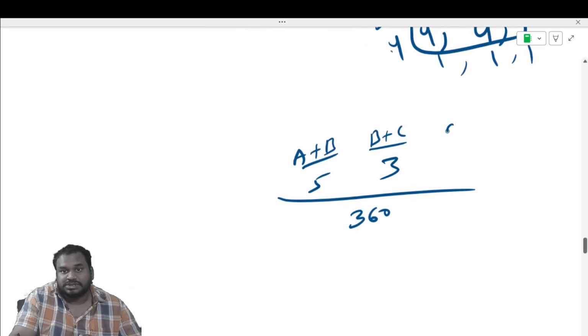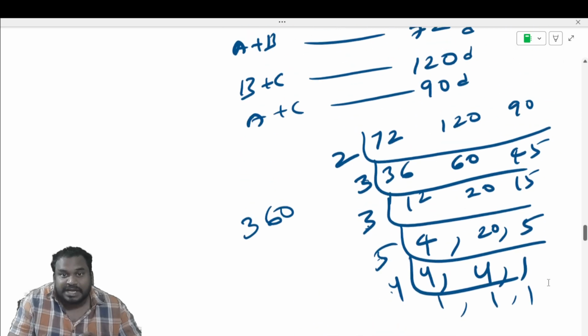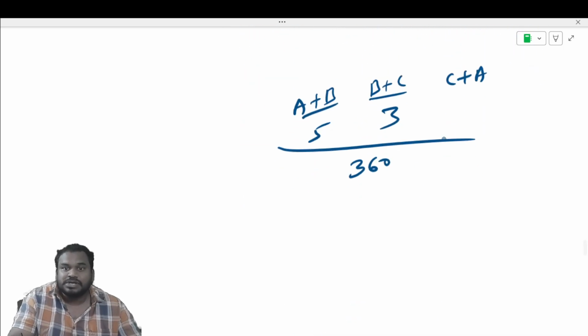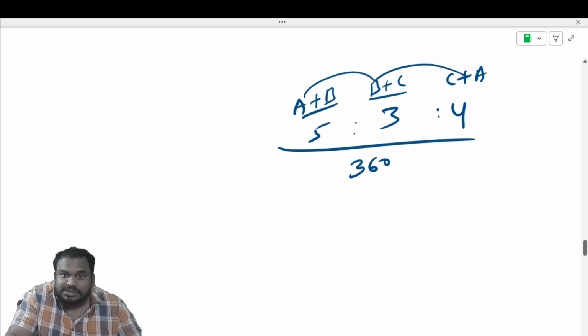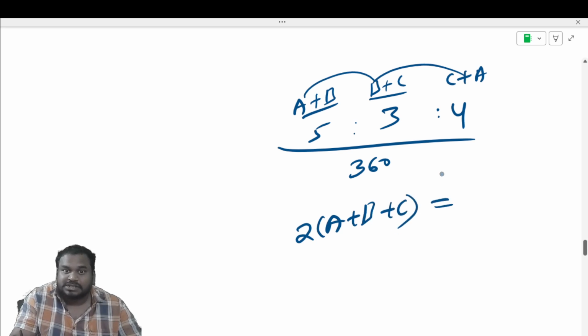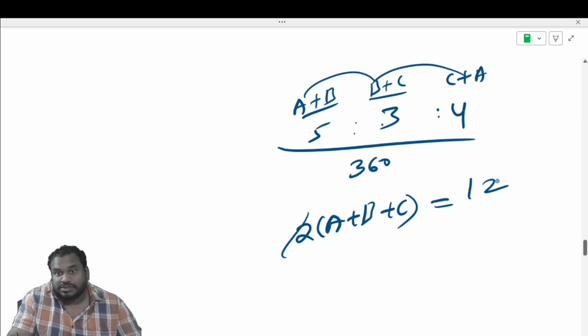For C plus A, 360 by 90 is 4. So now we got the efficiencies of all of them. If we add these, then it will be 2 times of A plus B plus C, because all are there twice. Nothing but 5 plus 3 is 8, 8 plus 4 is 12. So 2 times (A plus B plus C) is 12, and the efficiency of A plus B plus C is 6.